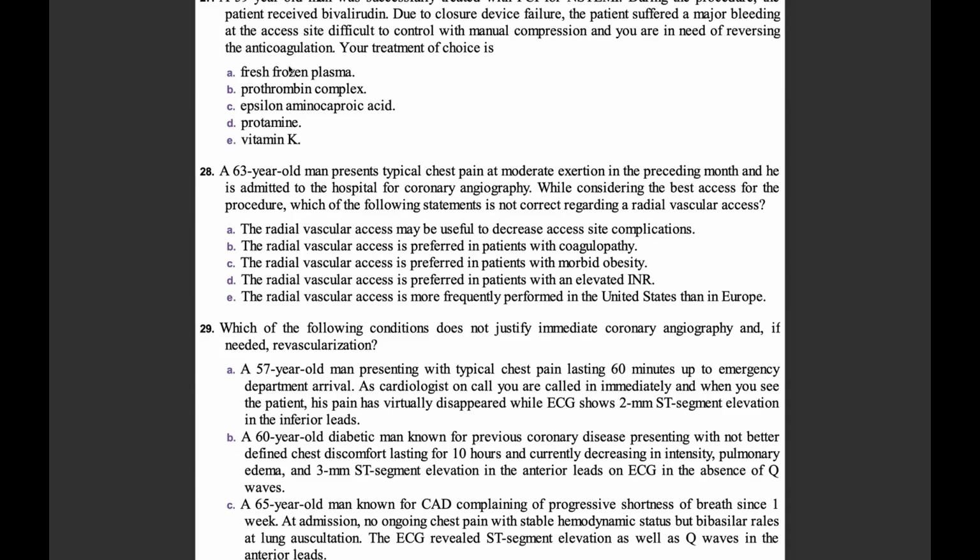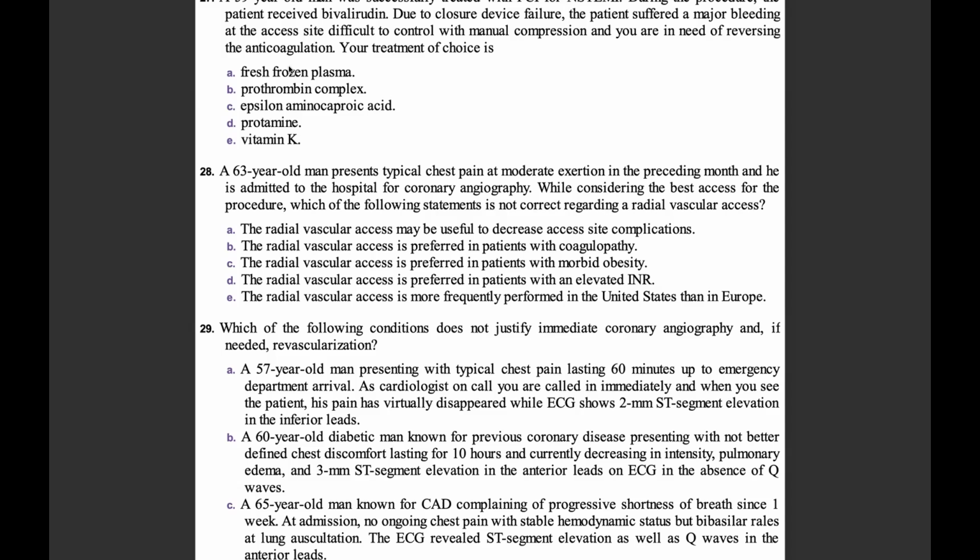And for the transfemoral approach, there's a complication that arises. I think we've seen in Brownwood MCQs before, where you have to ensure that you get the access above a certain point, so that in case there is bleeding, you can apply pressure on the femoral artery in an area close to the head of the femur.